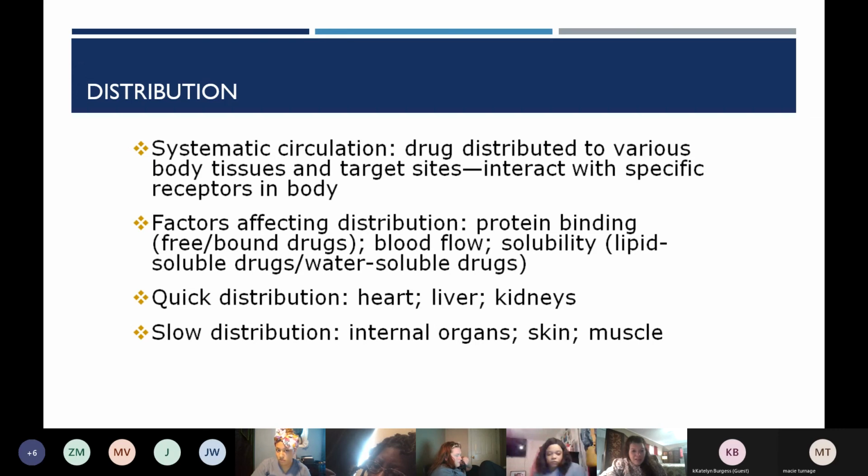So our skin, our muscles, and our organs are going to be a little slower distribution. The heart, liver, and kidneys are going to be faster distribution, but primarily the circulatory system is how our drug is getting from point A to point B and being distributed to where it needs to go.